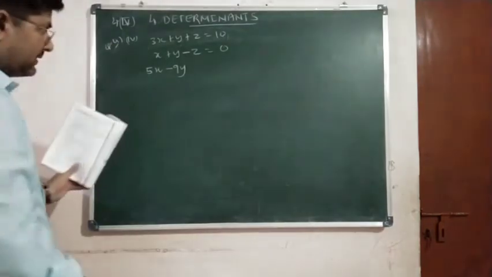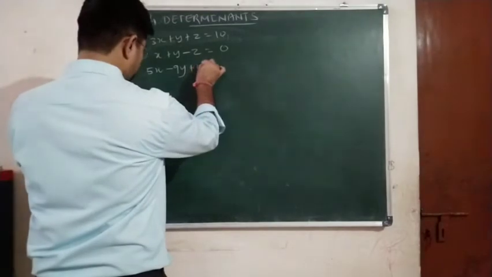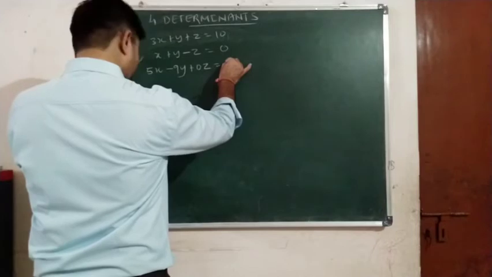Now you will notice that a term involving z is not there, so we can take that to be 0 into z, is equal to 1.